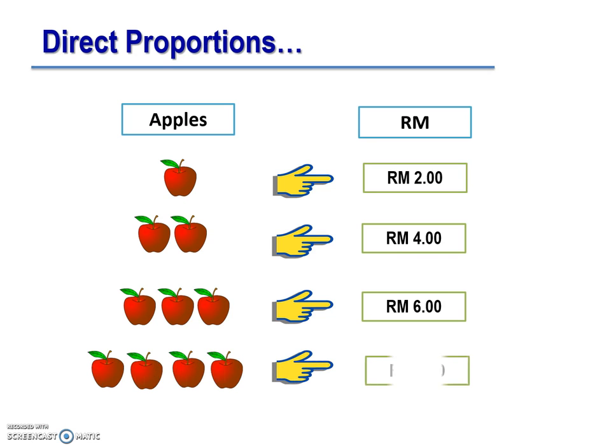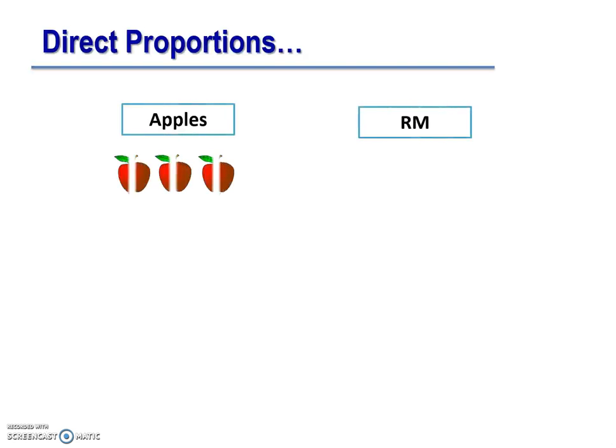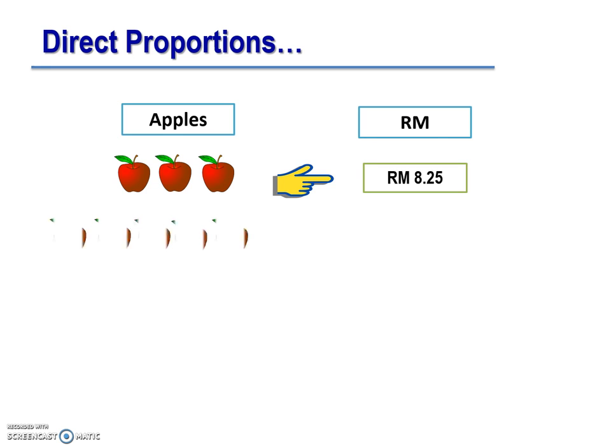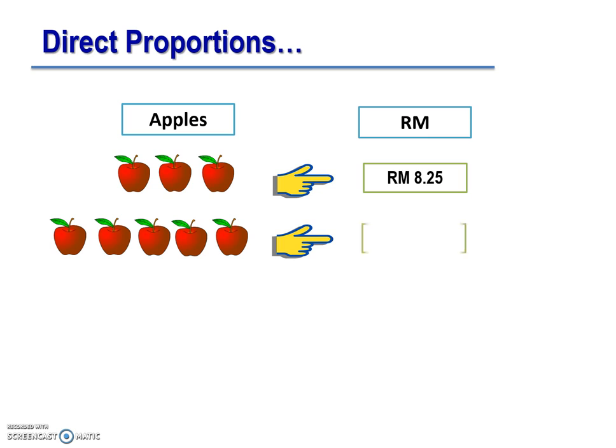Alright, this is one more. However, if you have a question like this, 3 apples will give you 8 ringgit and 25 cents. How much would you pay for 5 apples?